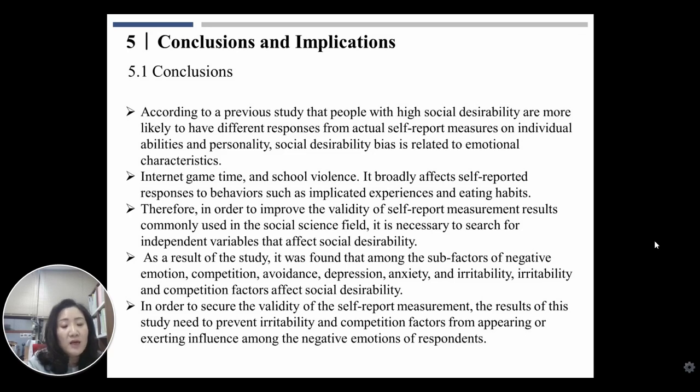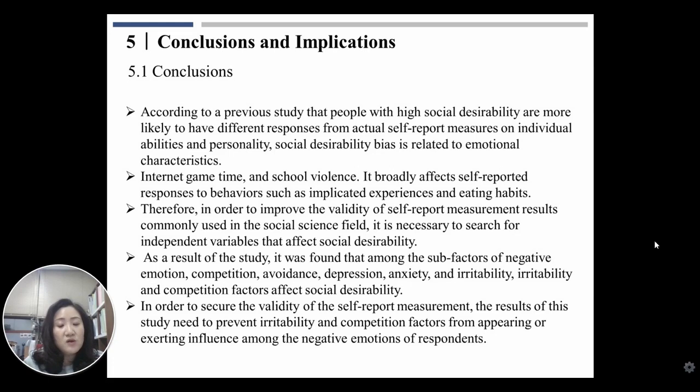It broadly affects self-reported responses to behavior such as drug experience and eating habits. Therefore, in order to improve the validity of self-report measurement results commonly used in the social science field, it is necessary to search for independent variables that affect social desirability.